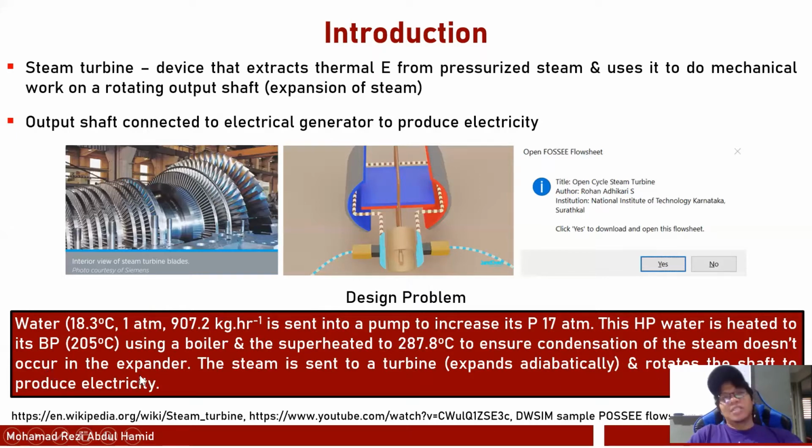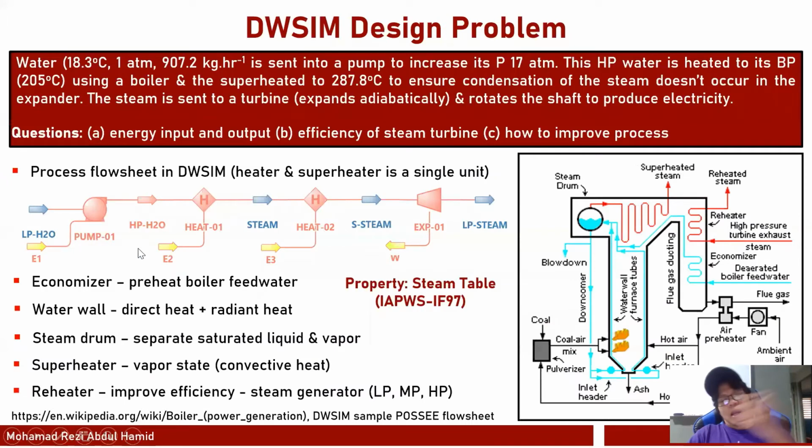In the document they don't really go into detail about what a steam turbine is and its working principle, but this is the main information that you can get from the document. Okay, moving on.